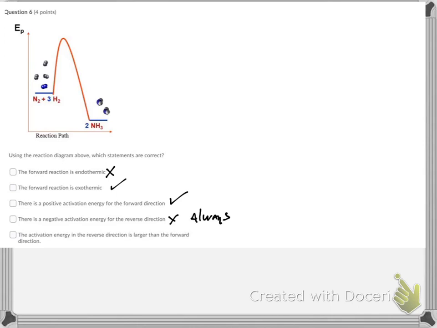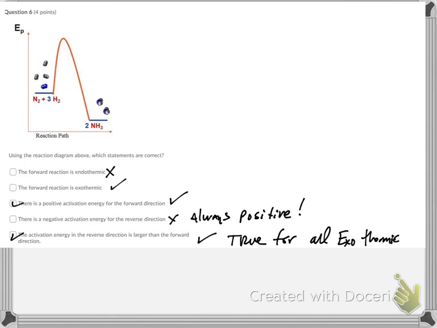Absolutely true. So the activation energies are always positive. And the activation energy in the reverse direction is larger than the forward. That's true. That's true for all exothermic reactions. So 3 answers here.